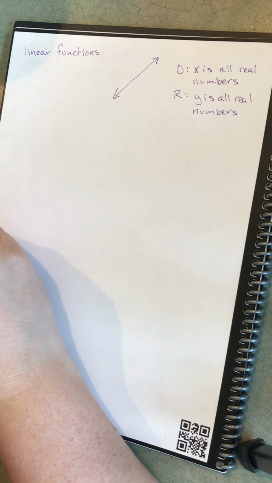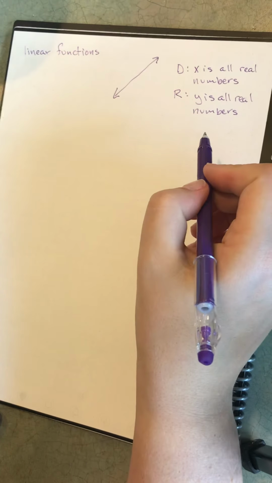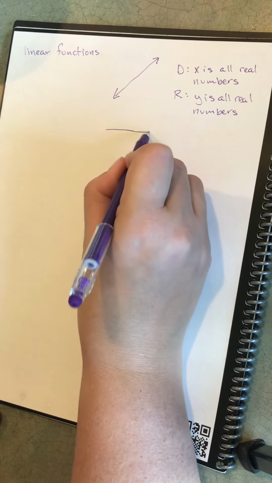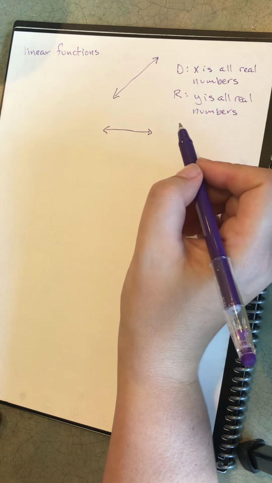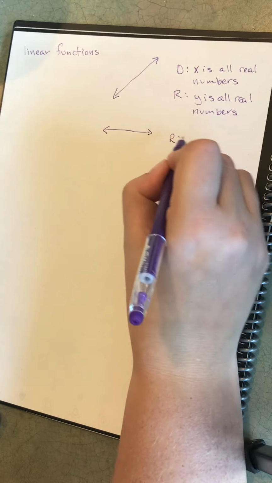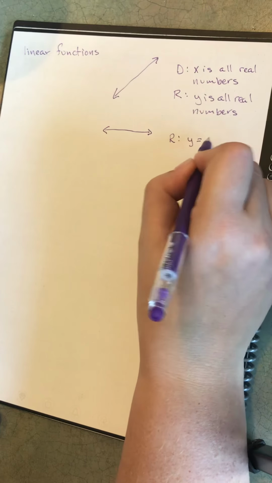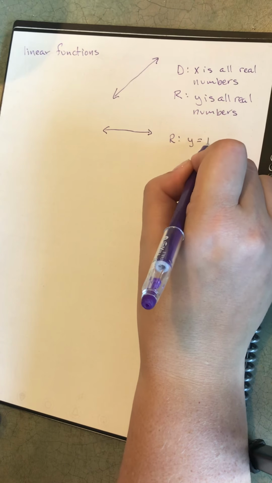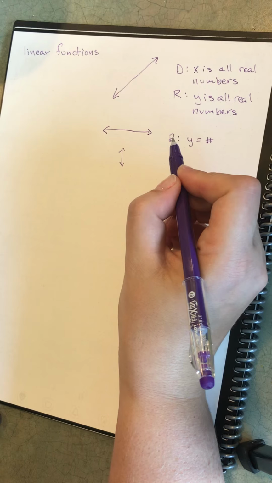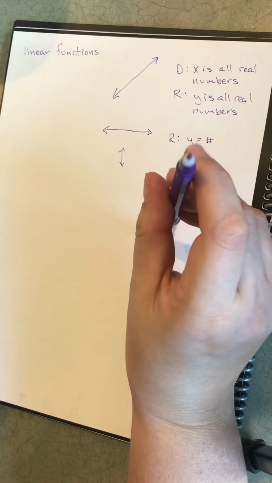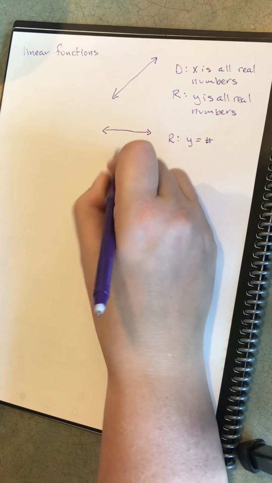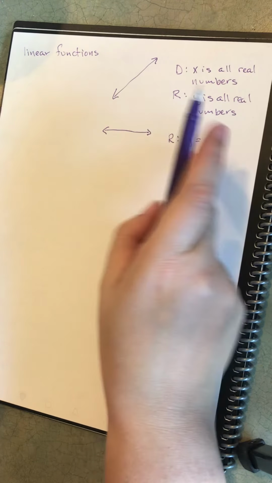The exception is if we have a horizontal line, then our range will only be y equals whatever the number is. And if we have a vertical line, well, this isn't a function anyway, so I'm not going to worry about that. But technically the domain would just be the one number and the range would be anything.